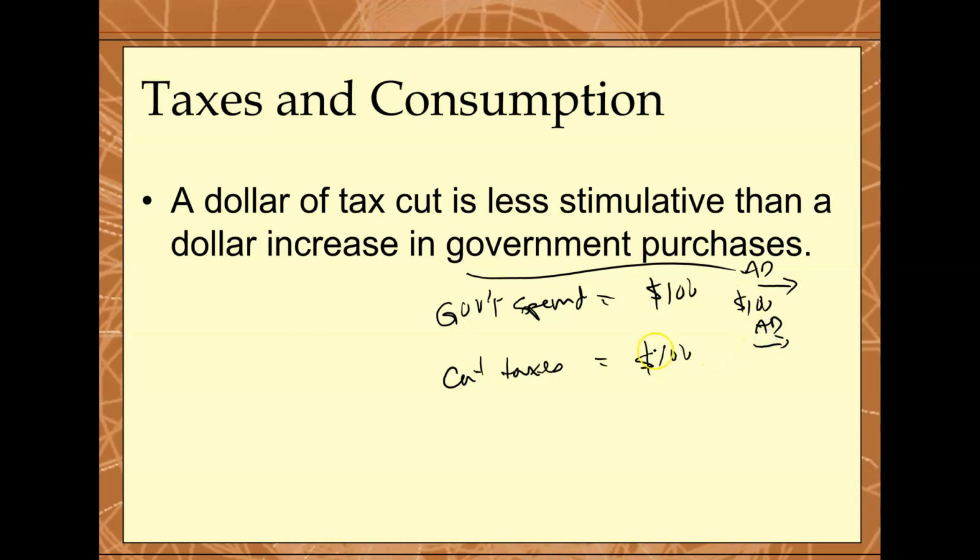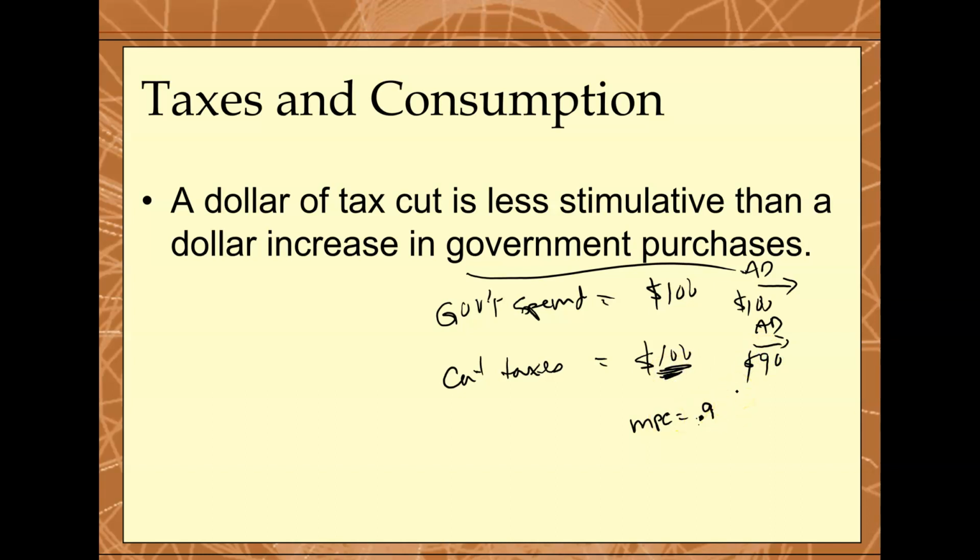Why? It's because when consumers get that extra $100 from a tax cut, they're not going to spend all of it. They're going to save some of it. So what if a consumer has a marginal propensity to consume of 0.9, meaning for every dollar that they get, they spend 90 cents, which means aggregate demand is going to increase by $90, not $100, because they're going to save $10.